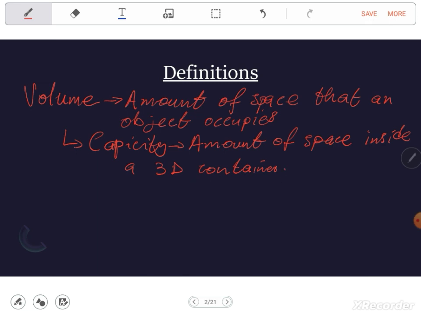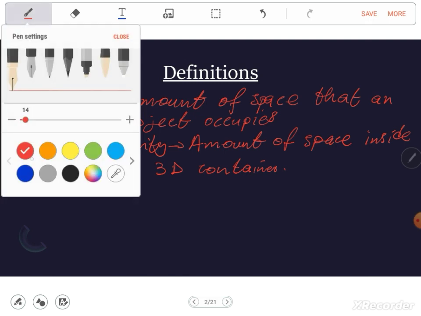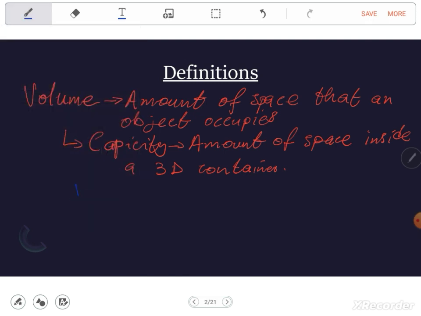Right. Now, at this point, I just want to make a very crucial comment and say that volume will be equal to the area of a base multiplied by height.